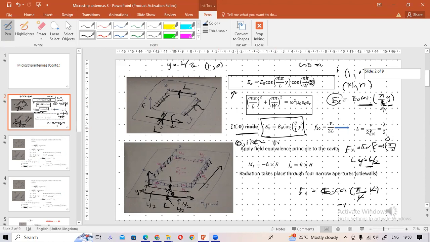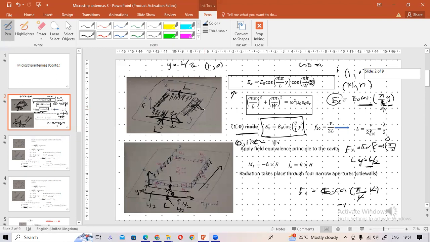So you can see that in the 1-0 mode, only this wall and this wall are radiating. The walls related to length are radiating. And in the 0-1 mode, you can understand if you work on it correctly. On the length wall the E field is constant, but on the width wall the E field is changing.